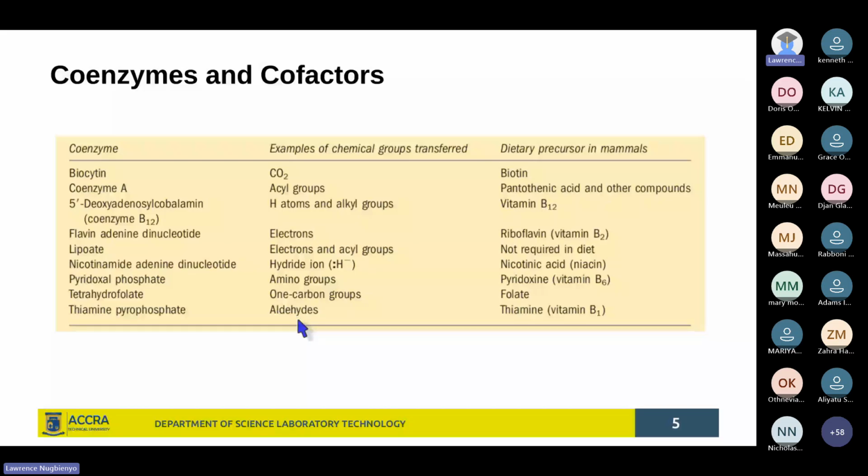You find this aldehyde group in many biomolecules, so that in their metabolism, in the transfer of these aldehyde groups, you find thiamine pyrophosphate acting there as a coenzyme. So that is on coenzymes and cofactors.